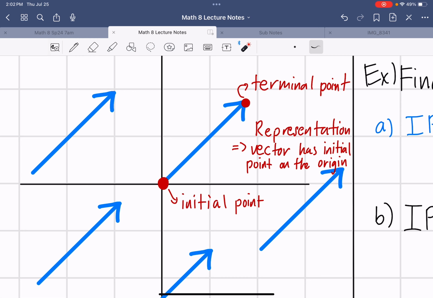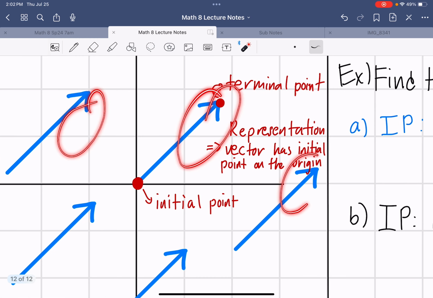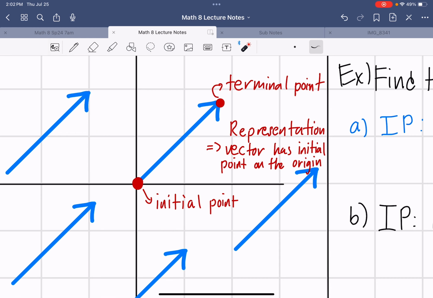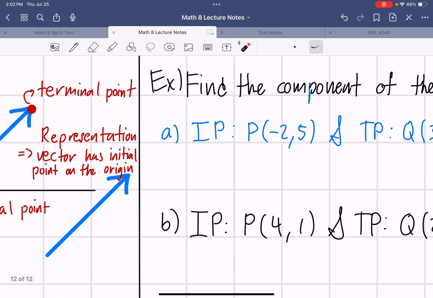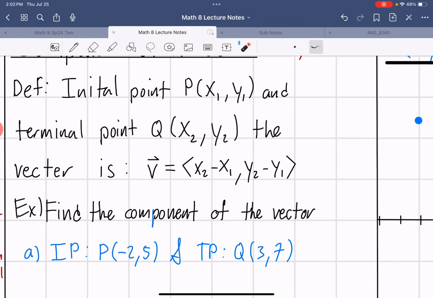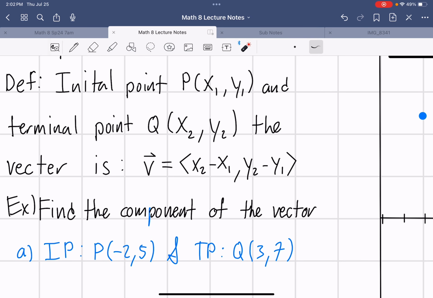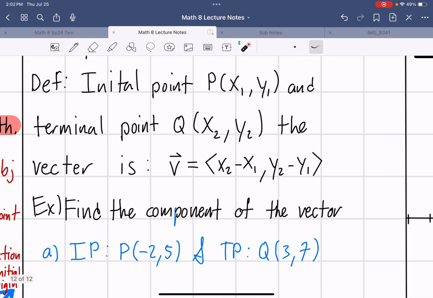But the components for all of these will be exactly the same. Again, because the position doesn't matter, but the direction and magnitude do. So this initial and terminal point are just establishing the position. But I want to be able to find the components because that's the most important part.